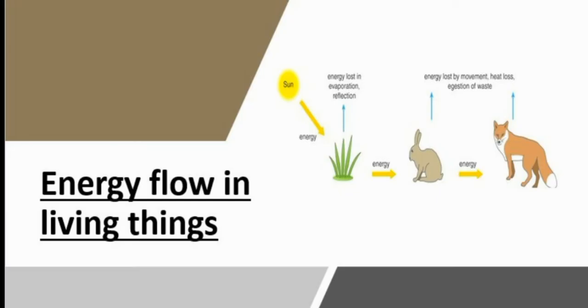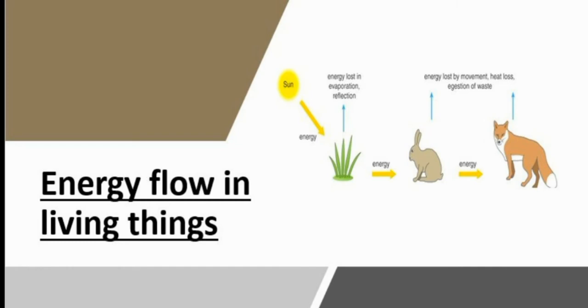Next, we will learn about energy flow in living things. You know, we need energy for every activity that we do. And this energy comes from food. When we eat food, we get energy to do work. This food is prepared by green plants.